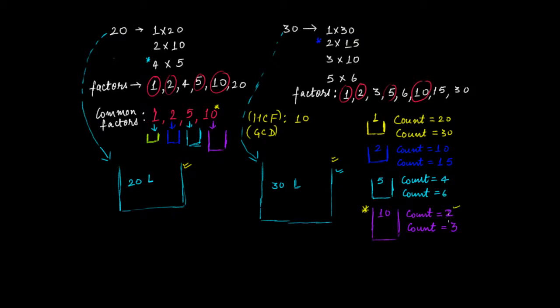Again, 2 is a whole number or natural number, 3 is a natural number, and they are exact numbers. It's not 2.5, it's not 2.7. When you use 10 liters, you cannot fill 20 or 30 in an inexact number of turns. Now apply the same here.